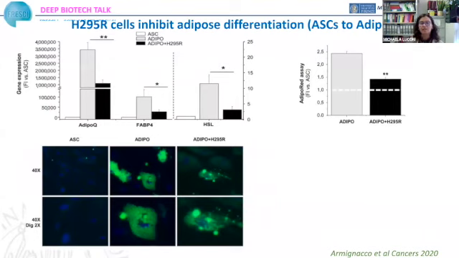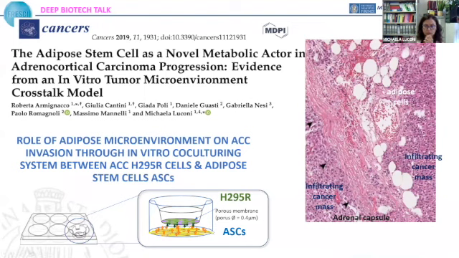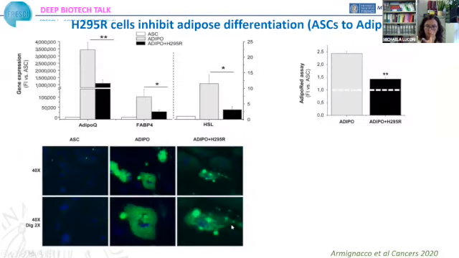So there is an interaction, and we can reproduce this interaction in vitro by using the cell line H295R cells, culturing them in these specific wells where there is a sort of separator of the two populations, with adipose stem cells derived from human subjects, so we can study in vitro the interaction between these two populations.